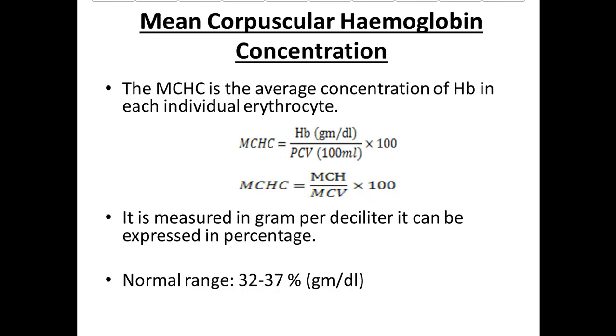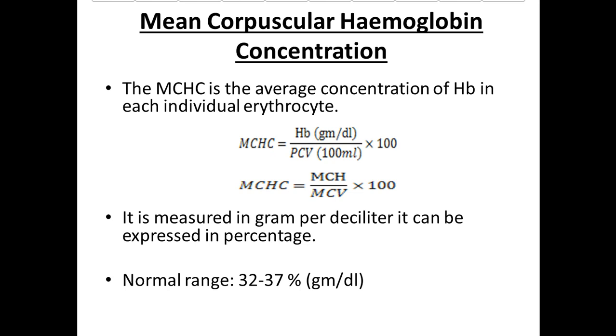Mean corpuscular hemoglobin concentration. The mean corpuscular hemoglobin concentration is the average concentration of hemoglobin in each individual erythrocyte. It is equal to hemoglobin in gram per deciliter divided by packed cell volume multiplied by 100, or mean corpuscular hemoglobin divided by mean corpuscular volume into 100.